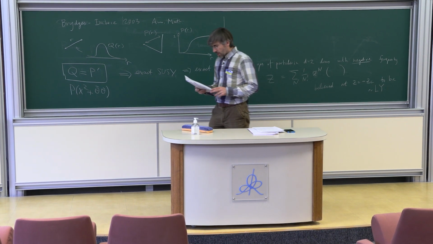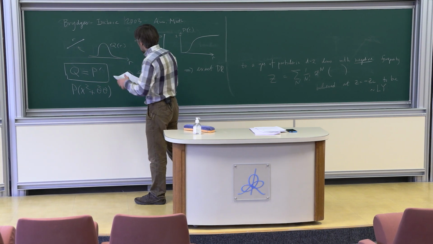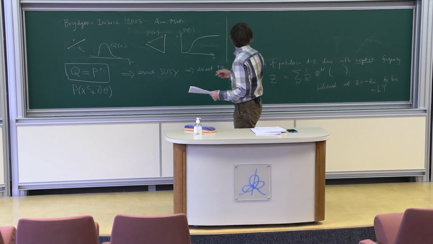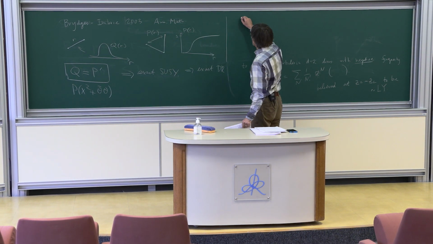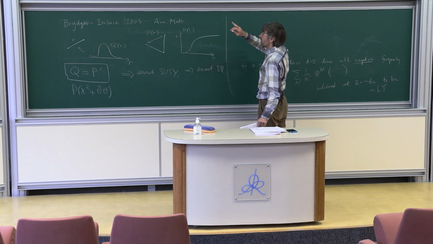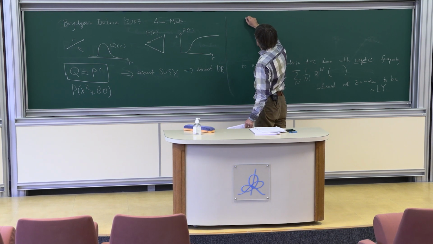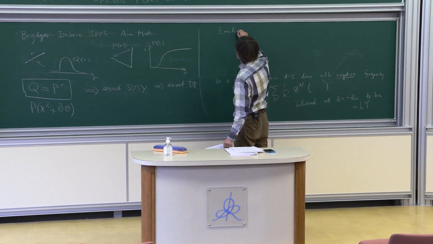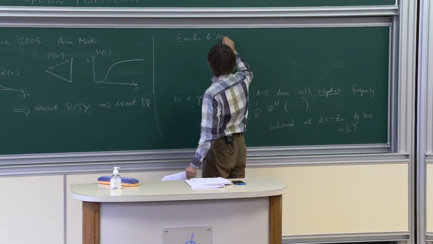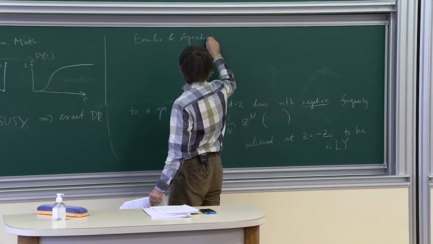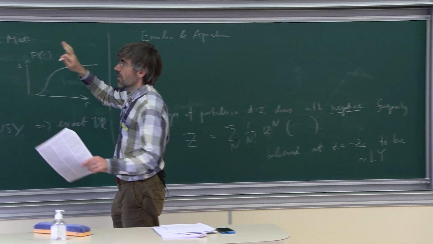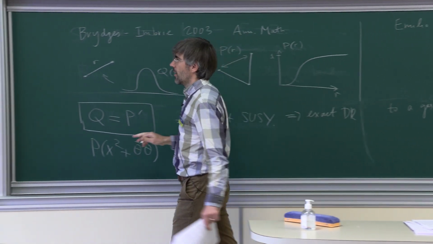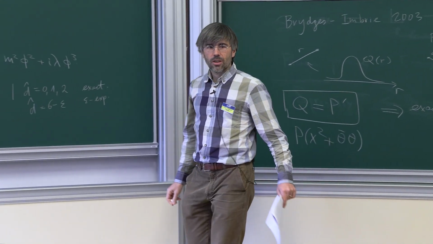And from the physics perspective, this problem was studied by my collaborators Emilio and Apertim. What happened is that we first studied the random field Ising model together, and we found all this picture that I described.